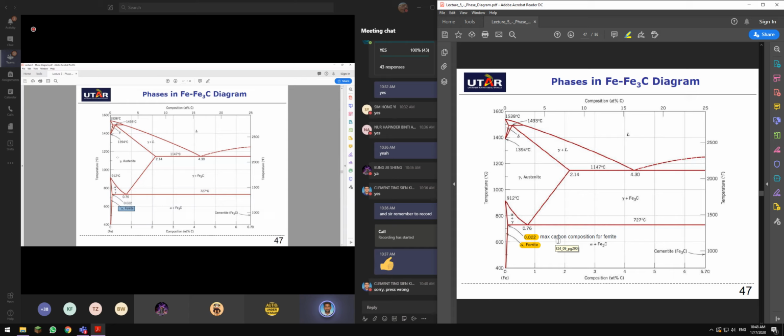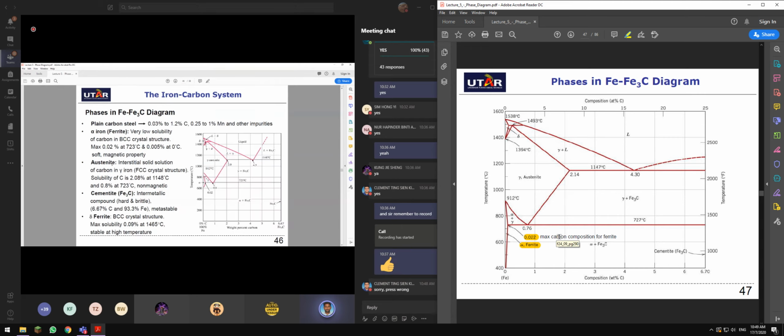Austenite, we call that gamma, and it is composed of FCC. Ferrite, very low carbon, BCC. Austenite, interstitial solid solution of carbon in FCC crystal structure.